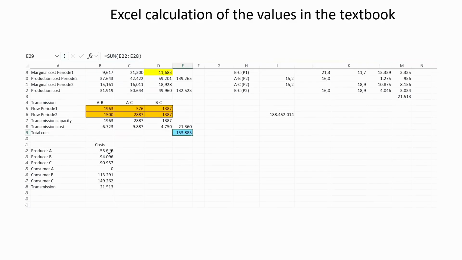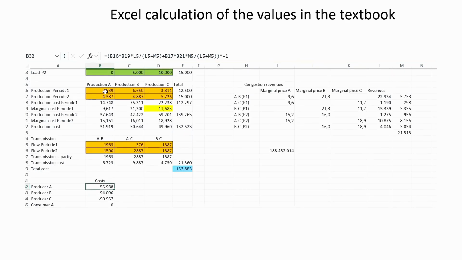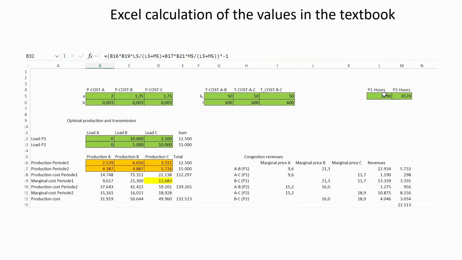We now calculate here the income for the producer in A and the income for the producer in B and C. And as you can see here, the way we do that is that we multiply the production with the marginal cost in this period, and we multiply that also with the number of hours and divide it with the number of hours in a year.